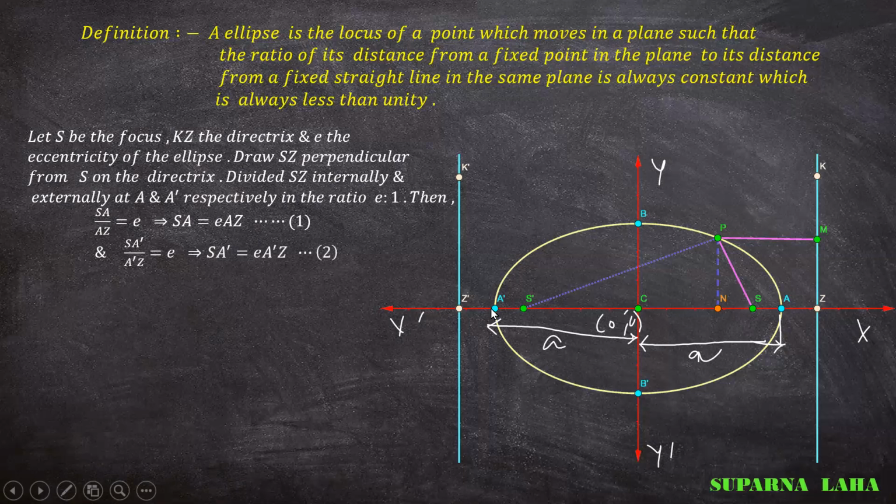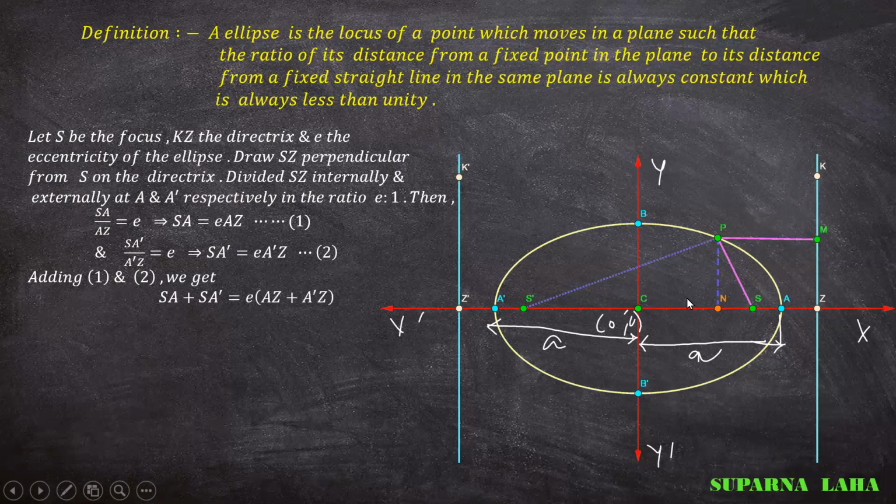Okay, so from the point on the ellipse, the fixed point and the fixed line are always in a constant ratio. Now if we add these two lines, what will you get? SA plus SA dash, that means the total distance from A dash to A, which is 2A.